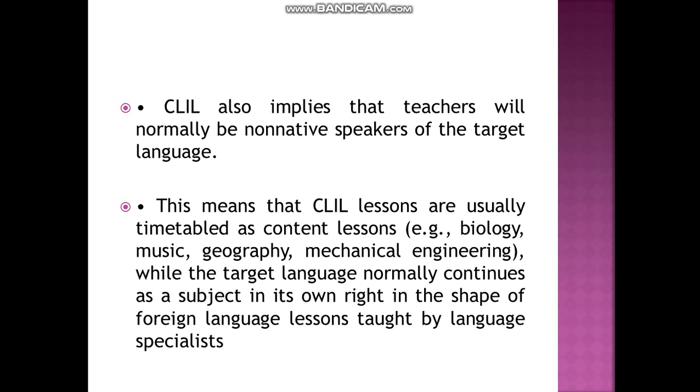This means that CLIL lessons are usually timetabled as content lessons, for example biology, music, geography, or mechanical engineering, while the target language normally continues as a subject in its own right in the shape of foreign language lessons taught by language specialists.